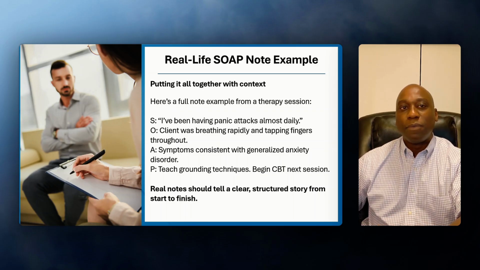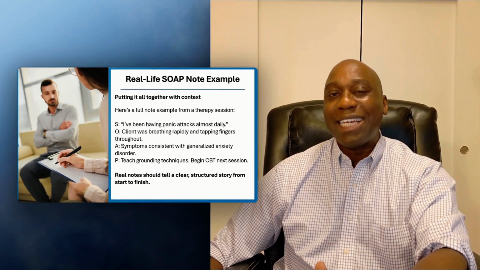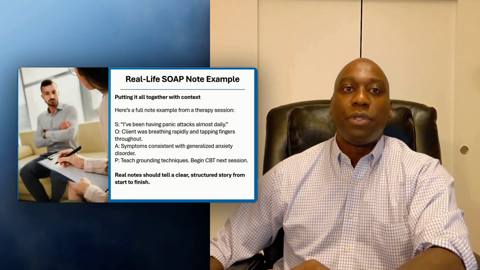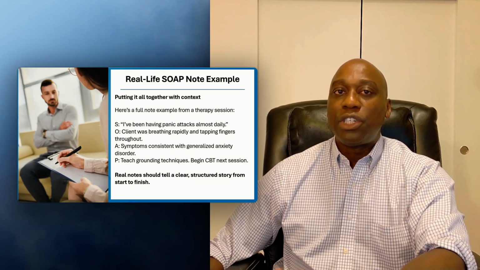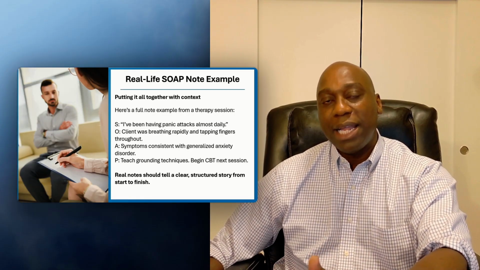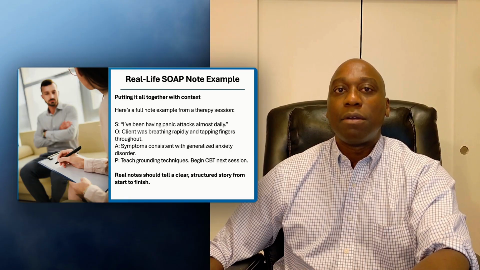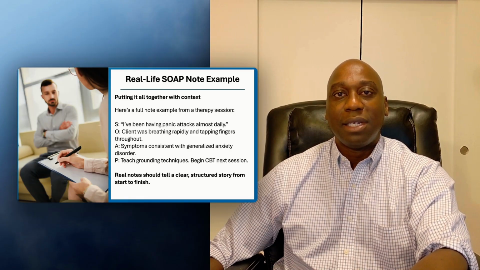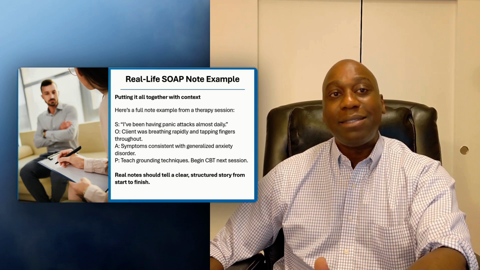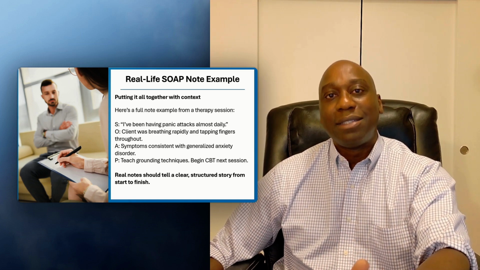And finally, you outline the next steps, which is the plan. So in the system, you enter teach grounding techniques, as in teach the client as part of the next steps, teach them grounding techniques. And then you also enter begin CBT next session.